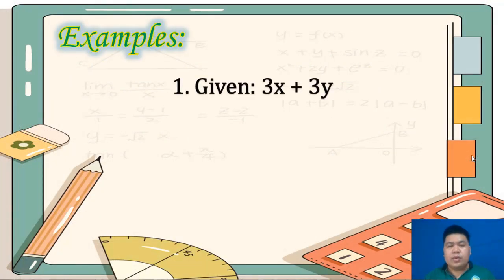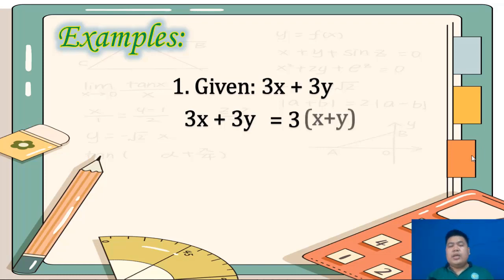Example number 1, we have the given 3x plus 3y. Look for the common in each term. So now, the common is 3. Then, we have the remaining factor for each, which is x plus y.